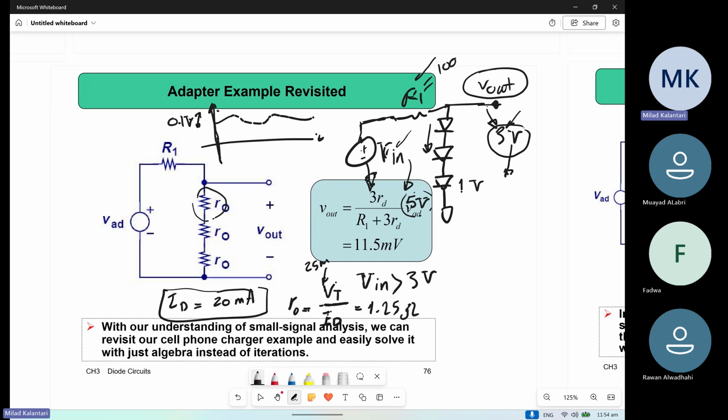Yes, right. And then there is a voltage divider between the output and the input, which is 3 times rd divided by R1 plus 3 rd.